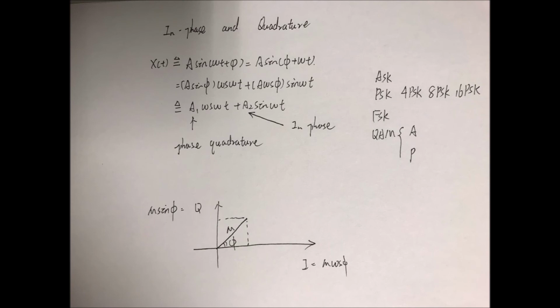So let's see, just 1 minute. If I can play with my A1 and A2, I can get whatever cosine phi you want. So you don't have to play with phi over here, but you have A1 and A2 changed. Your phase for the signal is changed. So let me.